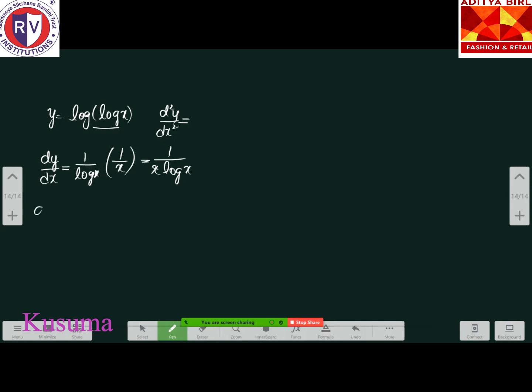Now let us differentiate this again with respect to x, that is d square y by dx square. Now we have to make use of some rule.